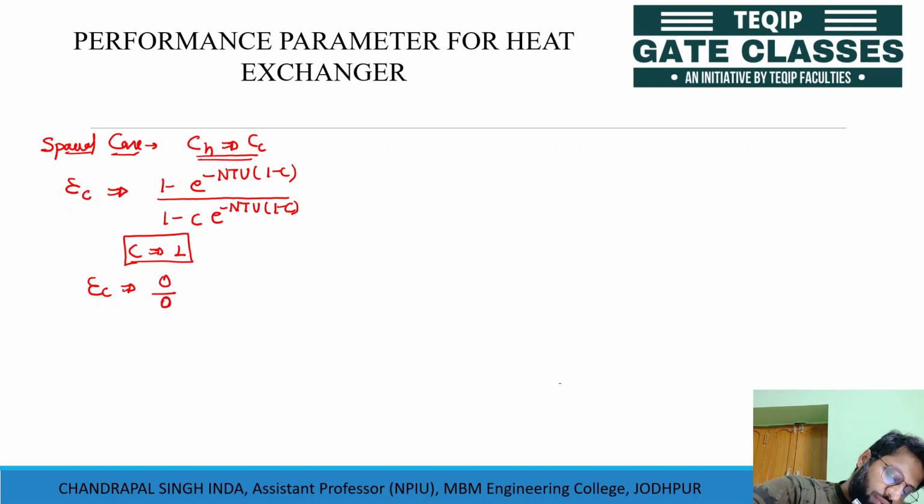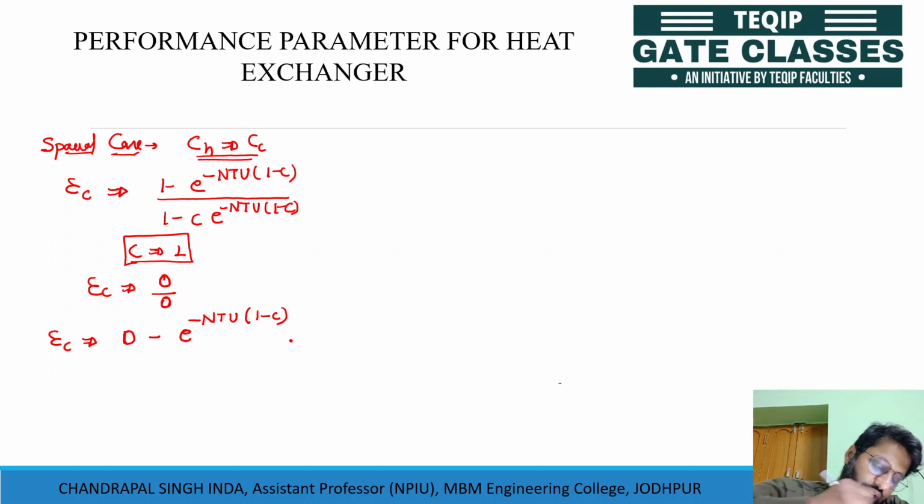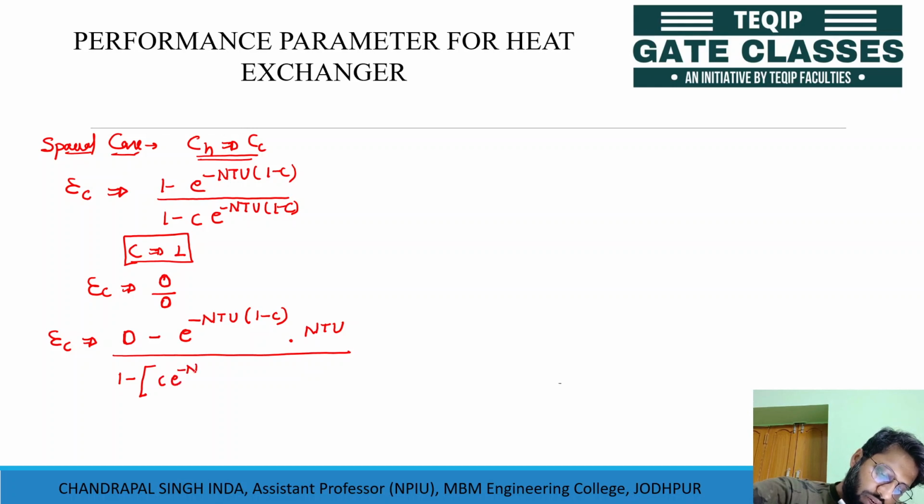So to find this value, in that case we have to apply the limit rule, in which we will apply L'Hospital's rule. The differentiation of 1 will be equal to 0, minus e to the power minus NTU (1 minus C) multiplied by NTU, as I am differentiating this term with respect to C, divided by the derivative of the denominator, 1 minus C e to the power minus NTU (1 minus C) multiplied by NTU plus e to the power minus NTU (1 minus C).